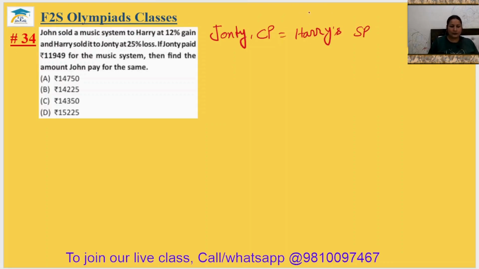Okay, John T's CP is equal to Harry's SP, that is given as 11,949. So by using this, Harry's CP can be calculated using the formula SP multiplied by 100 upon 100 minus loss percent.